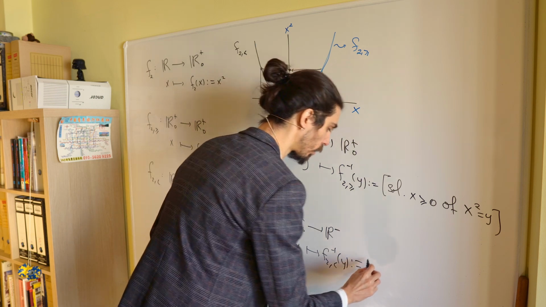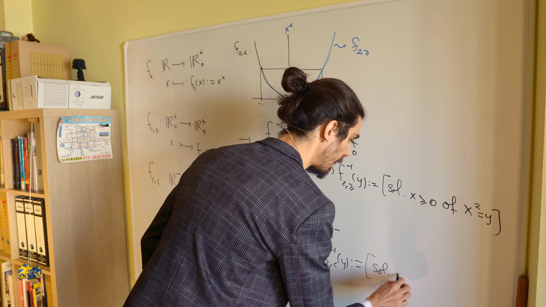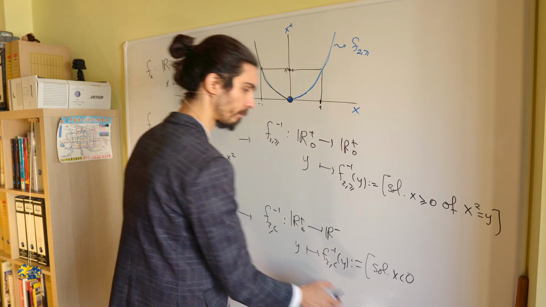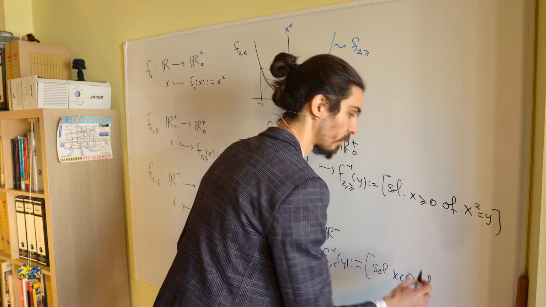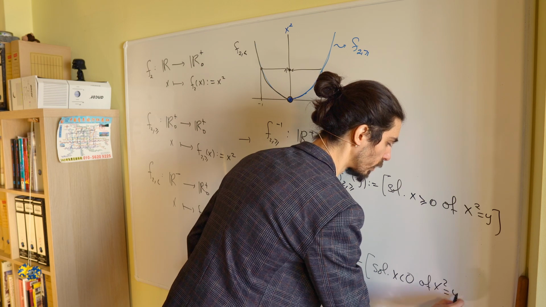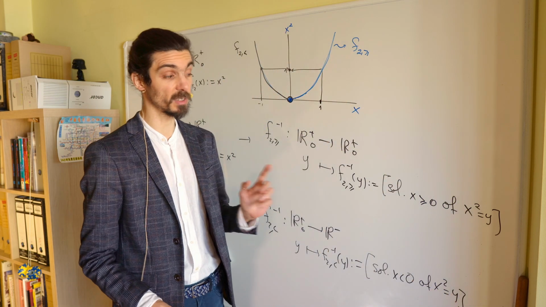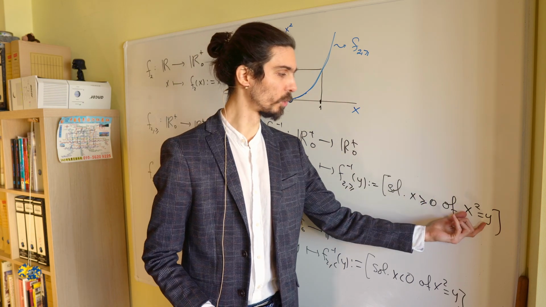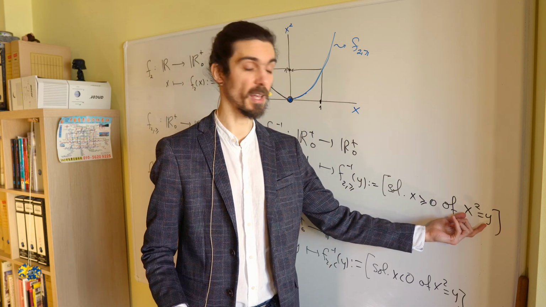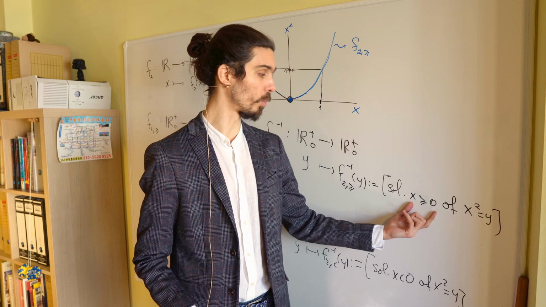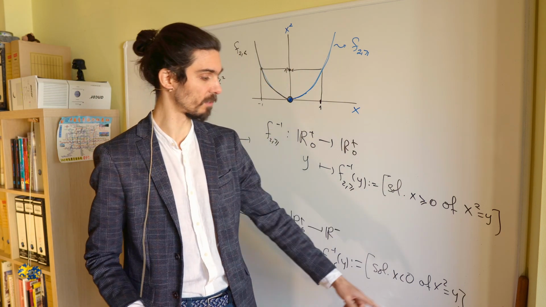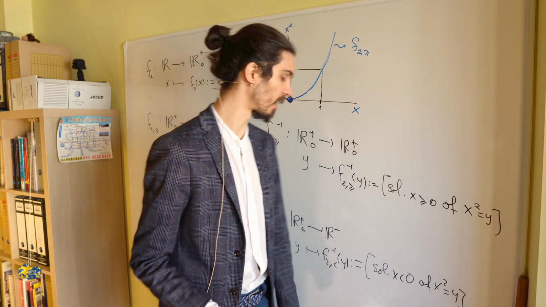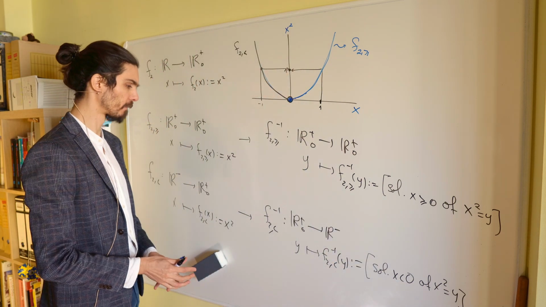And that number corresponds to the solution x, but now negative, because it must belong here, of the equation x squared is equal to y. So essentially, we are restricting the equation. When we have an equation, you can seek the solution for it, but we have to say where we want to seek the solution. For the first one, we want to seek those x's which are positive. In this case, you search for those x's which are negative and satisfy that equation. And you see?